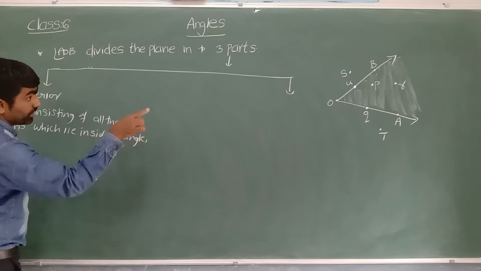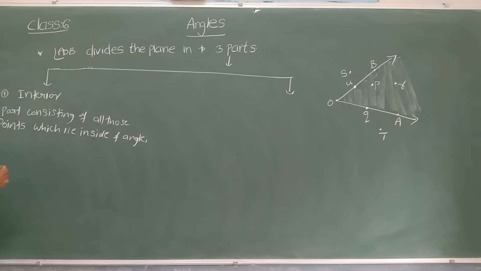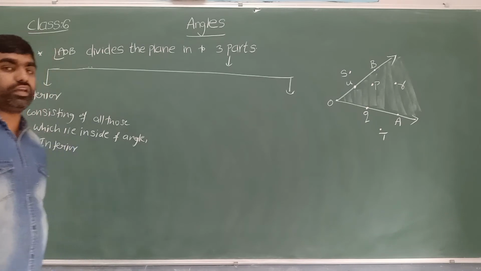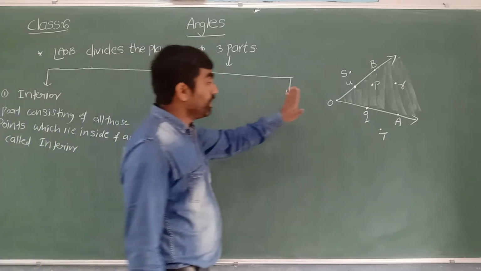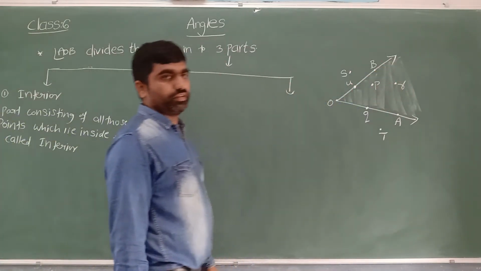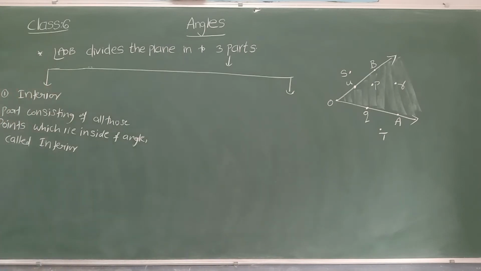The points which are there inside of the angle are called interior. Here you can see P and R are the interior. Those are the points which lie inside the angle.